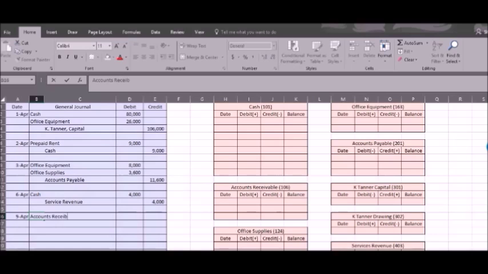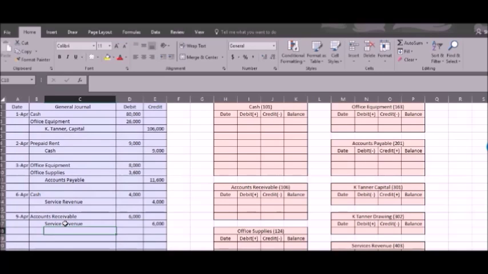And what do they owe us? They owe us $6,000, right? Why do they owe us money? We did work. So we increase our revenue account with a credit. So there we recorded doing that work on account.